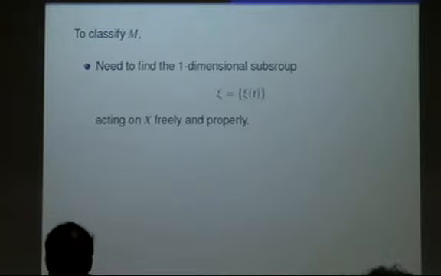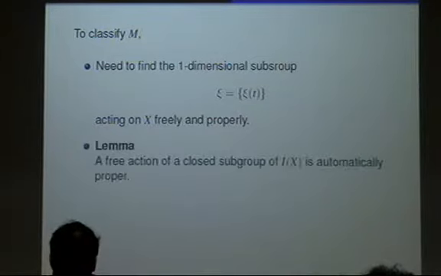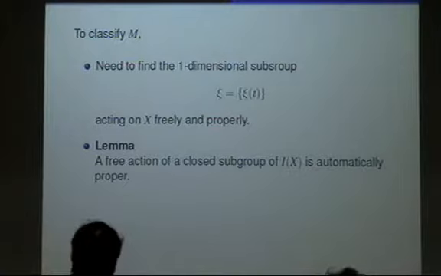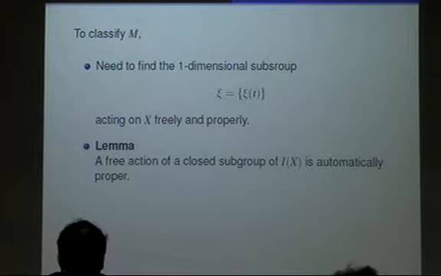Okay, so to classify M, first we need to find the one-dimensional subgroup Xi acting on X freely and properly. By the way, here we have a very well-known lemma, which says a free action of a closed subgroup of the isometry group is automatically proper. So we don't have to care about the properness. Just think of the free action of the one-dimensional group.